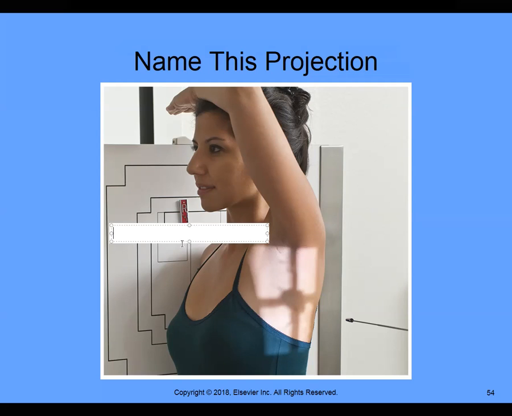In this case, she is turned at 90 degrees, but she has one arm down by her side and she has one arm that is abducted and has her hand above her head. So this projection here is called a transthoracic projection. Transthoracic projection.